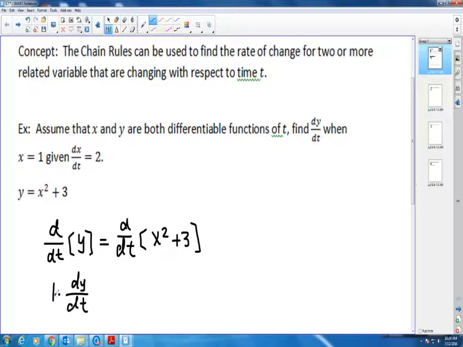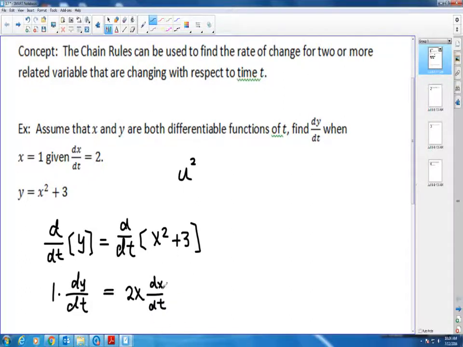That's why the answer will just be 1. Equal to the derivative of x squared with respect to time. The derivative of u squared will be 2u, or in our case 2x, times u prime. And u prime will just be the derivative of x with respect to time.